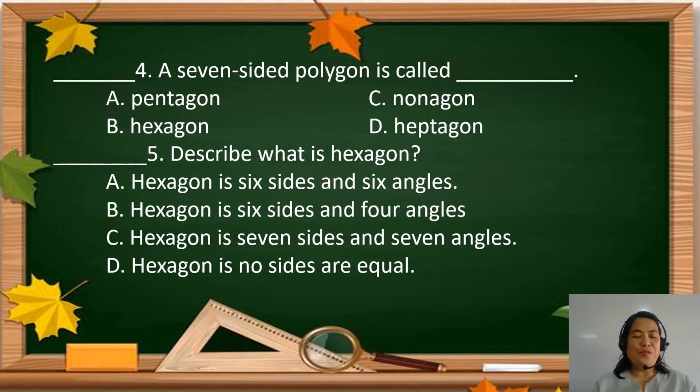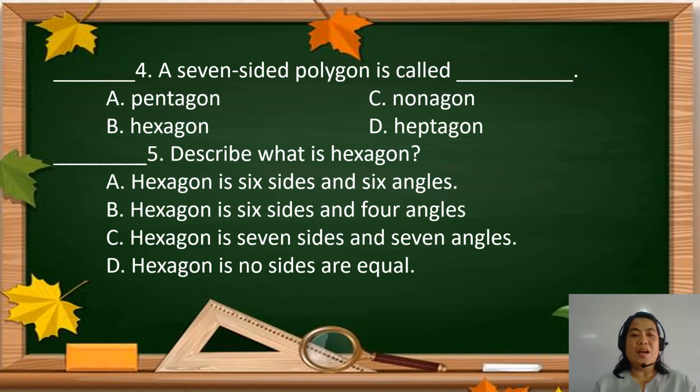Now, number 4. A 7-sided polygon is called blank. A, pentagon. B, hexagon. C, nonagon. D, heptagon. Okay, the correct answer is letter D, heptagon. Let's go now, number 5. Describe what a hexagon is.